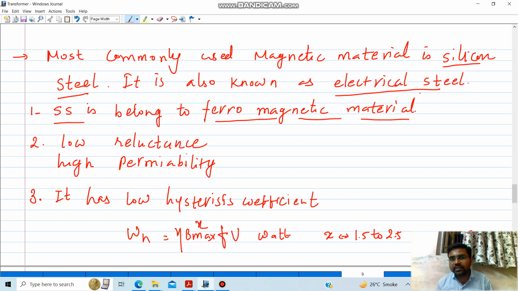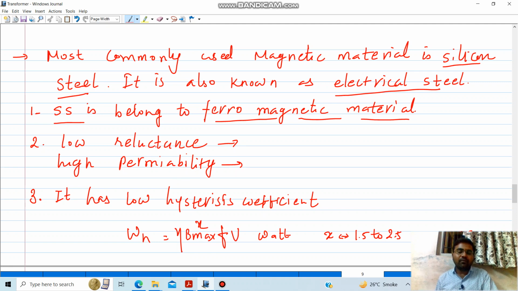This ferromagnetic material we can consider as having the highest quality in terms of magnetic materials. That's why silicon steel has greater importance. It offers two unique qualities which are really important from a magnetic circuit design point of view: low reluctance and high permeability. Those are the two unique features.